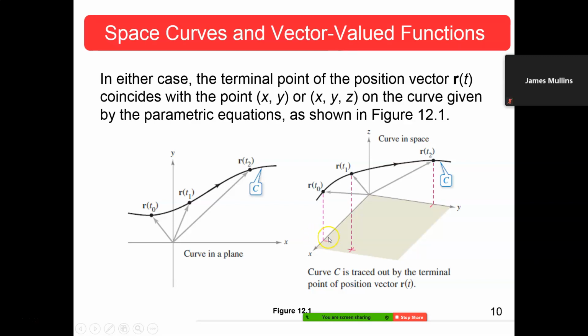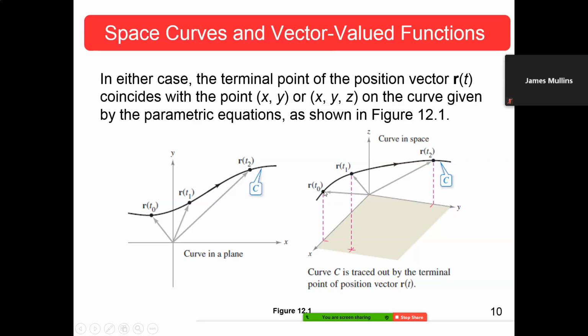You have no y value, your g of t is 0, but your h of t is up here. So that gives you your first vector here. Come out the x-axis and up the z-axis, so you're in the xz plane right there.